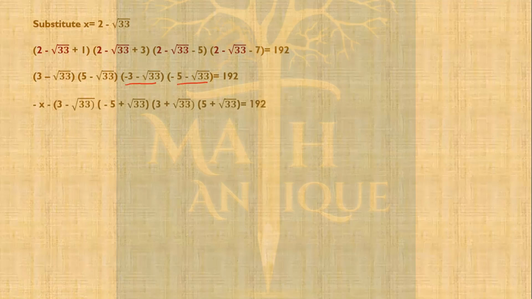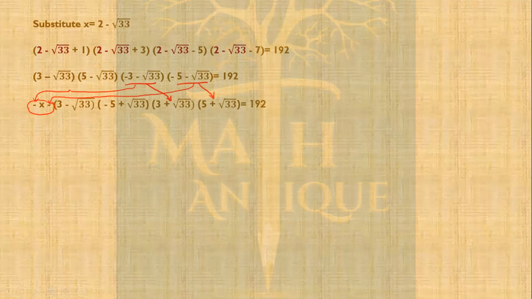So we will take negative sign common here and negative sign common here. Negative into negative will be positive. So after taking common, both are positive: 3 plus under root 3, this is 5 plus under root 33. So it will become this, both will be positive.